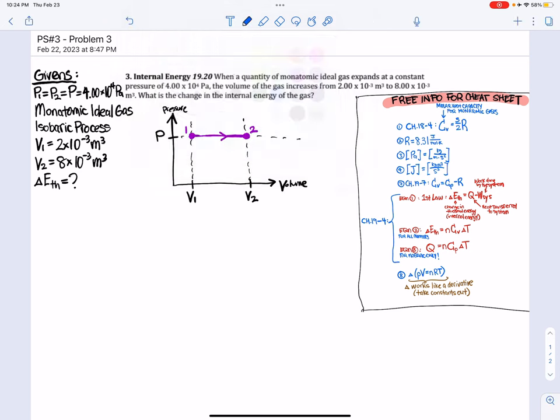What do we know? So we know that the area under that curve, the area of the rectangle, is equal to work. Okay?